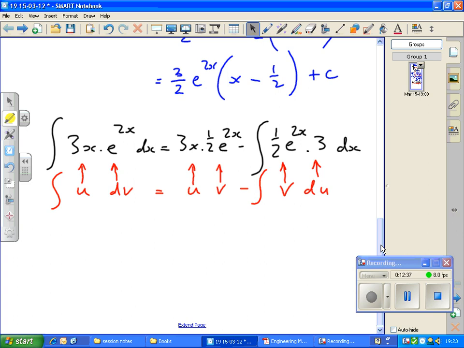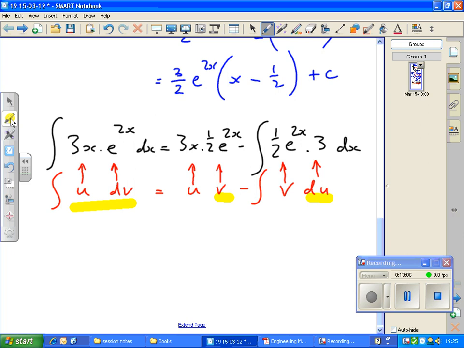So that shows you, I hope, exactly how that fits into the rule. So what have I done? I've turned an integral into u dv. I've let one bit be u and the other bit be dv. And then the bit I've called dv I've integrated to get v, which is a half e to the 2x, and what I've called u I've differentiated to get du, which is just 3.